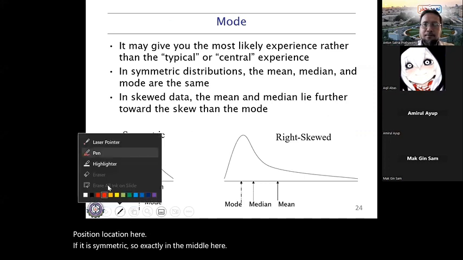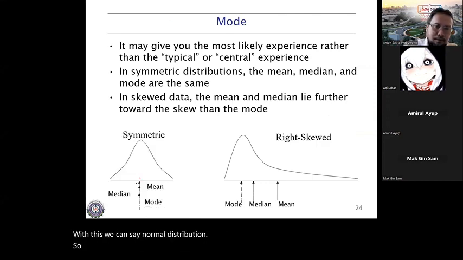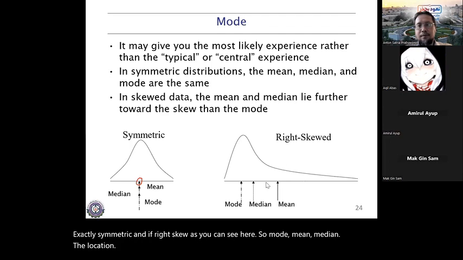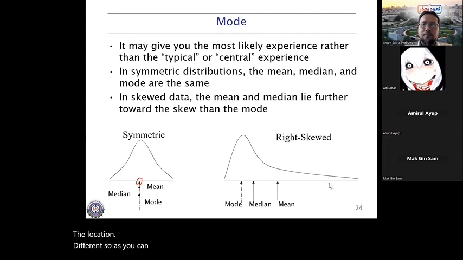With this, we can say it is normally distributed. And if right skew, as you can see here, the locations of mode, mean, and median are different. Mean will be affected by the outlier here.